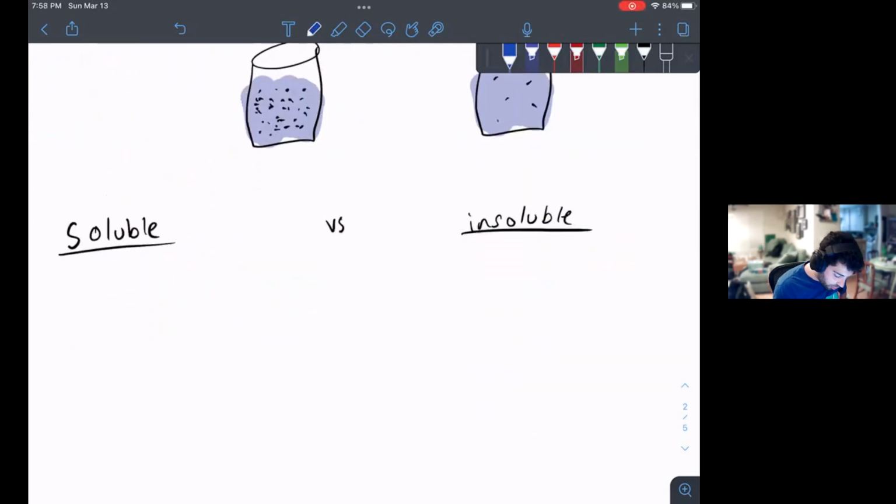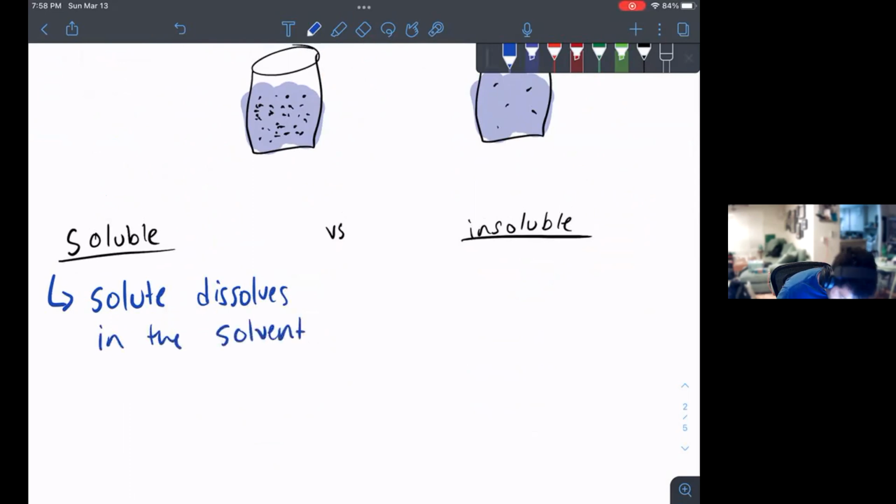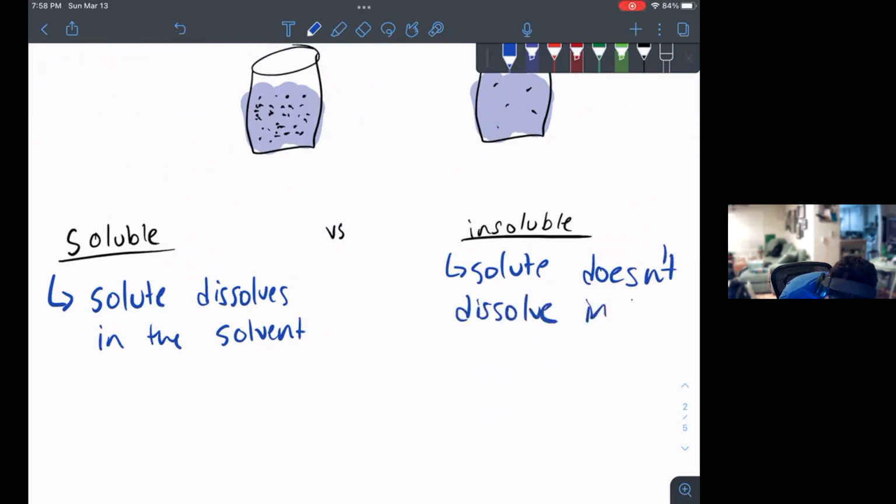The next two terms, soluble versus insoluble. Soluble means the solute dissolves in the solvent. Insoluble means the solute doesn't dissolve in the solvent.